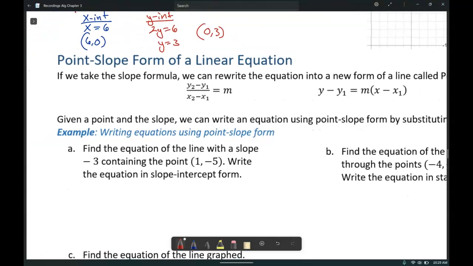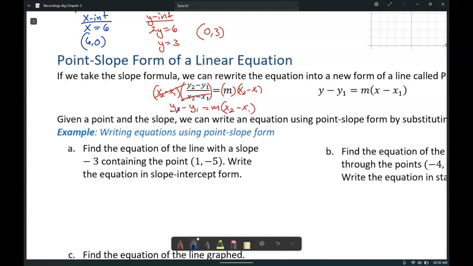If we take our slope equation and multiply both sides by our denominator, x2 minus x1, it eliminates from the left-hand side, leaving us with y2 minus y1 equals m times x2 minus x1.